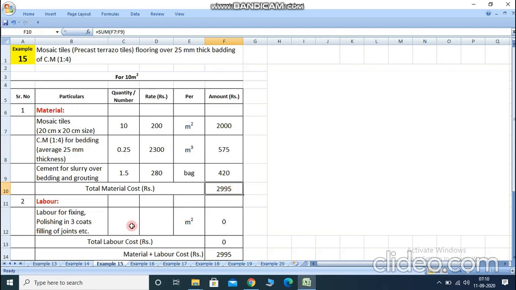Similarly, for labor for fixing, polishing and filling joints, for 10 meter square the rate is 150 rupees per meter square. Here the quantity is 10 meter square, so 10 multiplied by 150 gives 1500 as the labor cost.